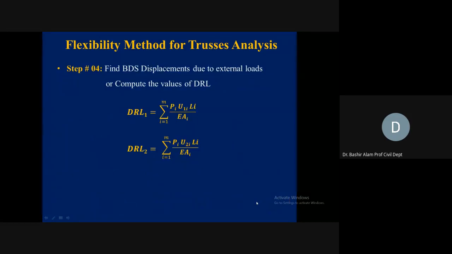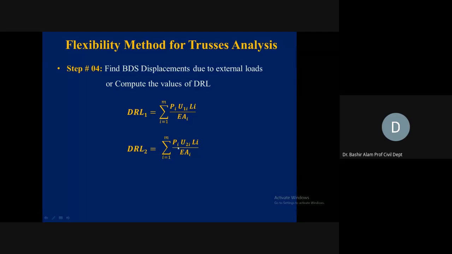Next, we find DRL1 and DRL2. DRL1, if you remember, was capital M times m1 dx over EI. Here it will be the summation of P_i U1_i L_i divided by EA_i. Remember, i is the member number, so it will be the summation from the different members contributing.